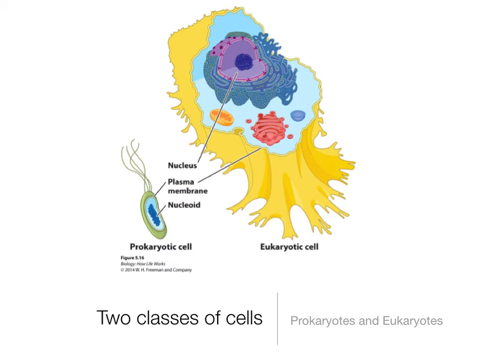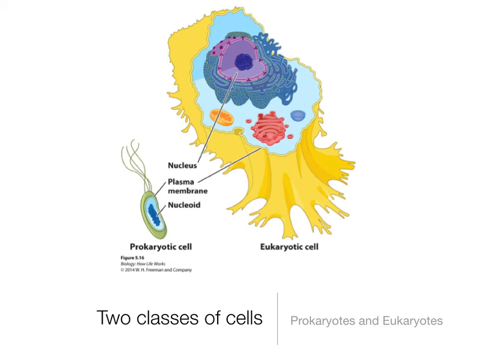Now, if we look at the various types of cells that have been described and that are present on Earth, you have two big classes. One class is called the prokaryotes, and the other class is called the eukaryotes. The most visible difference, we could say, is their size.